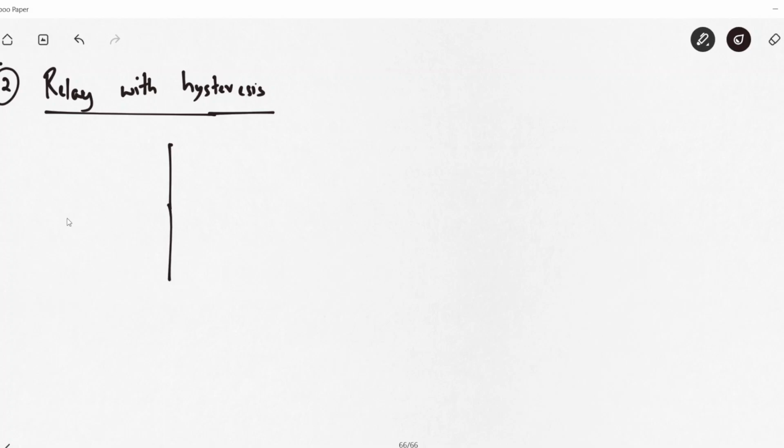Next, we'll find out the describing function of a relay with hysteresis. Relay with hysteresis means an output like this.